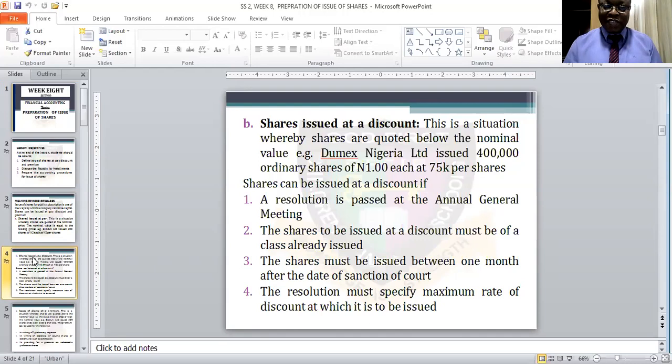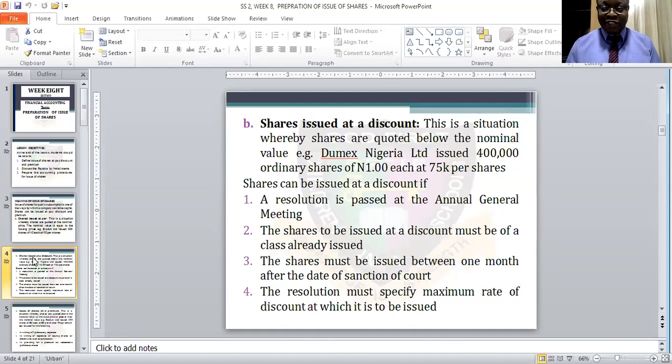Shares can be issued at a discount if, one, a resolution is passed at the annual general meeting, AGM. If a resolution is passed at the AGM, then they can consider the shareholders by giving them a discount, depending on the amount of discount they want to give. Second, the shares to be issued at a discount must be of a class already issued.